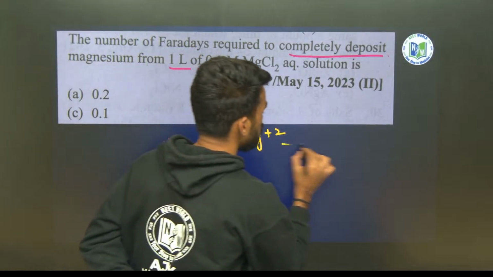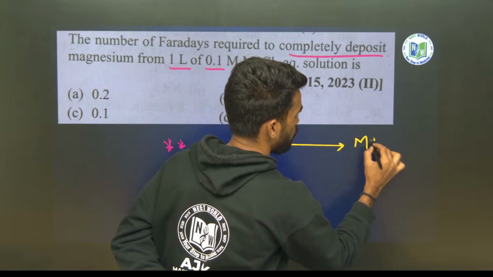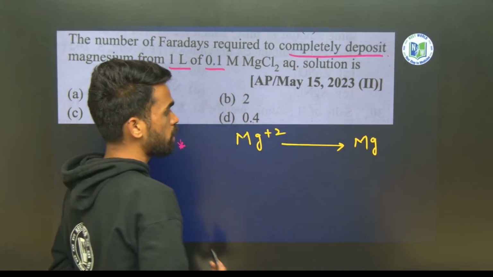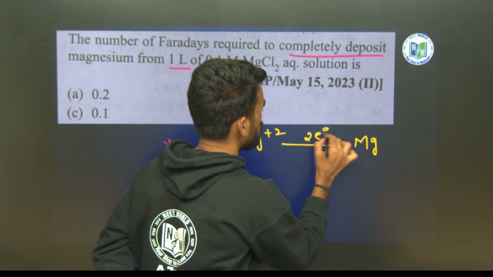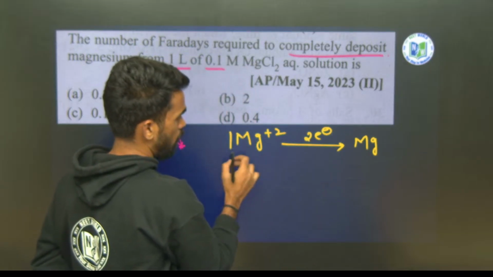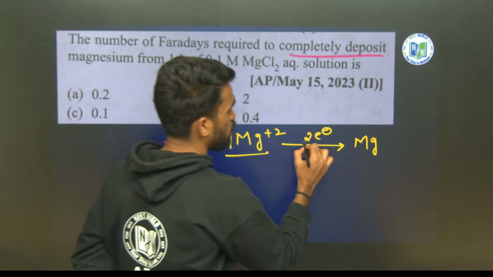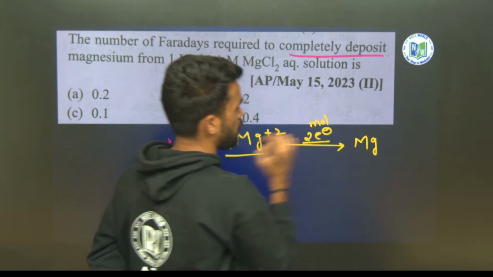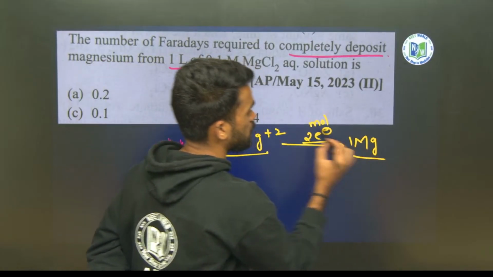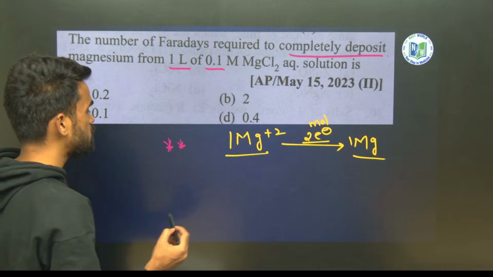So in order to deposit this as a magnesium atom, you require 2 electrons. So for 1 mole of magnesium +2 ion, you require 2 moles of electrons, so that you will get 1 mole of magnesium. So just remember this point.